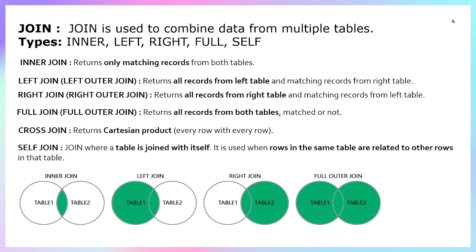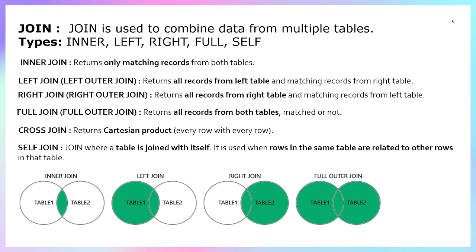Right outer will give you all the records of the right table as well as common. Full outer join will give you the left table records as well as right table records. So these are the types of join as well as cross join, which gives you the Cartesian product.